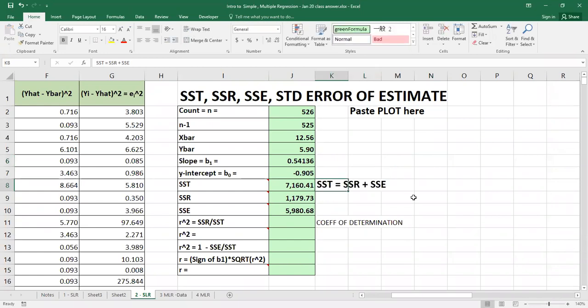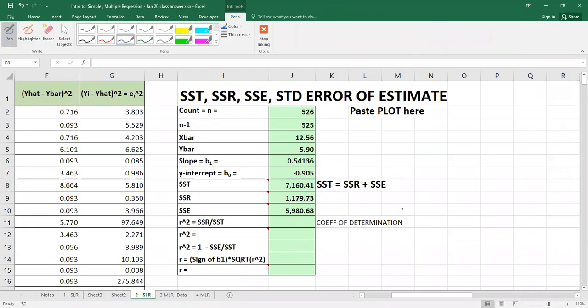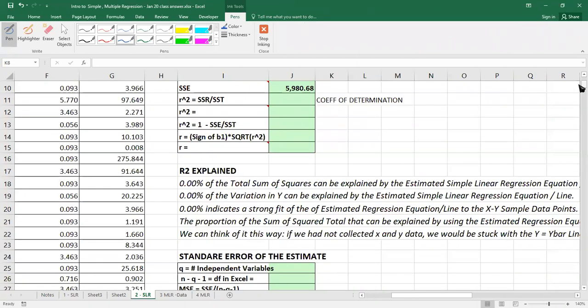So, kamayin ko to. So we know that, dito sa ilalim, SST, sum of the squares of your total is equal to sum of the squares of your regression plus sum of the squares of your error terms.